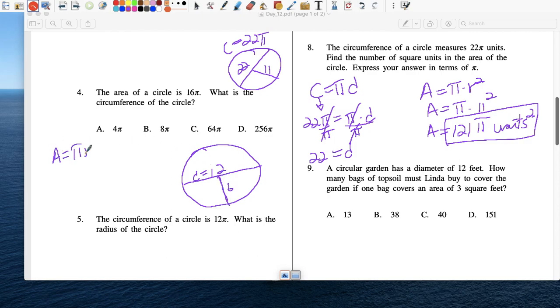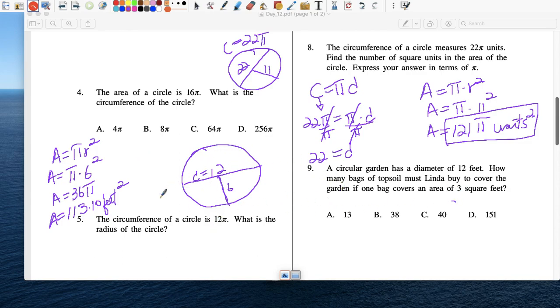Area equals pi r squared, pi times 6 squared, which is 36 pi. I'm actually going to multiply this one. 36 times pi gives 113.10 feet squared. That's the area of her garden.